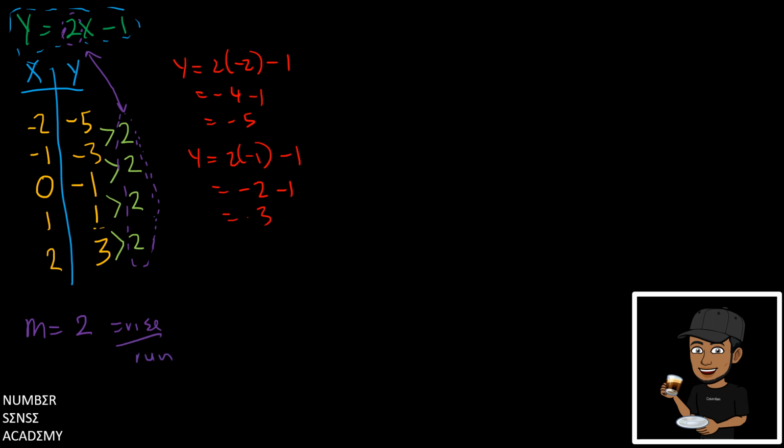And if you want to put this in fraction form, this is 2 over 1. So this is telling me that a rise of 2 is a result of increasing x by 1. So when I increase x by 1, as in what I'm doing here, I should also point out that all these differences are 1s.